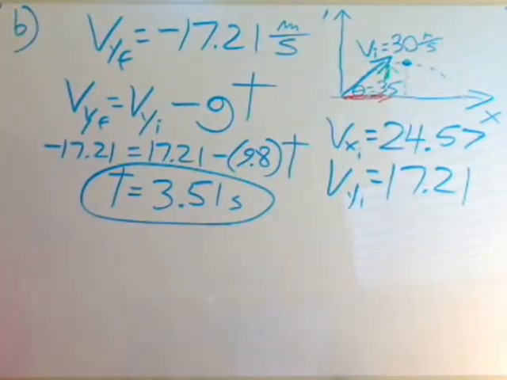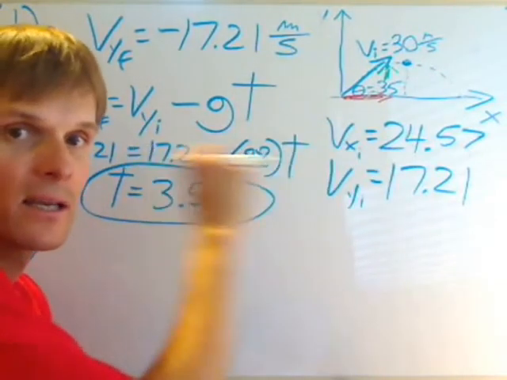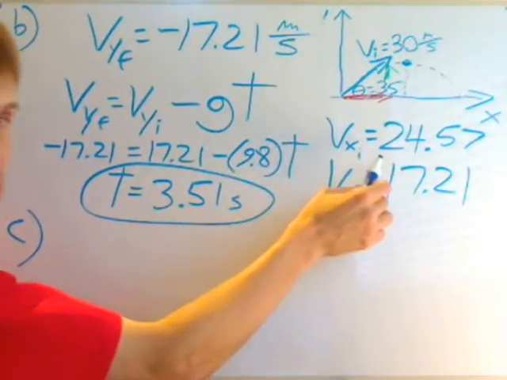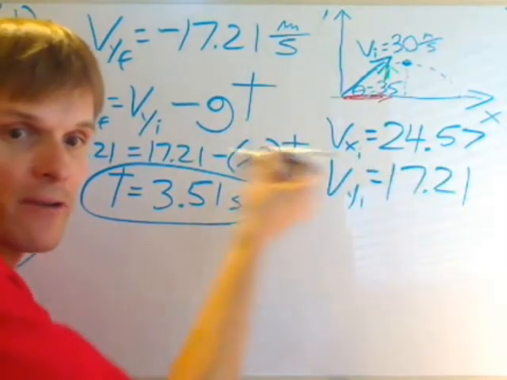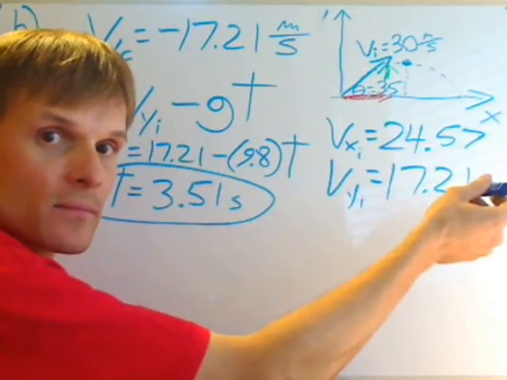Now we're asked in part C to calculate how far the projectile goes. Remember, since we've completely separated x and y motion, the x velocity is 24.57, and it won't change for the entire flight.